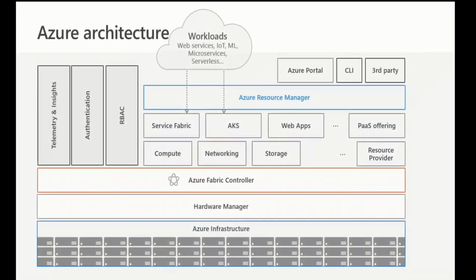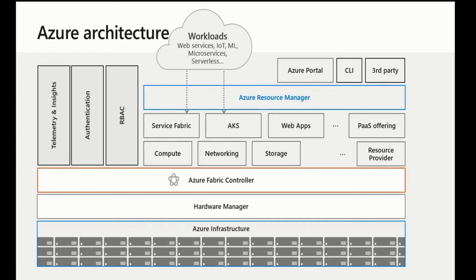And just to show you the underlying architecture, where you have all these different Azure services that can host your applications. So you have the Service Fabric, AKS, you have your web apps and different PaaS offerings under the Azure Resource Manager that you can communicate with through ARM templates, CLI, PowerShell, etc., or the portal.